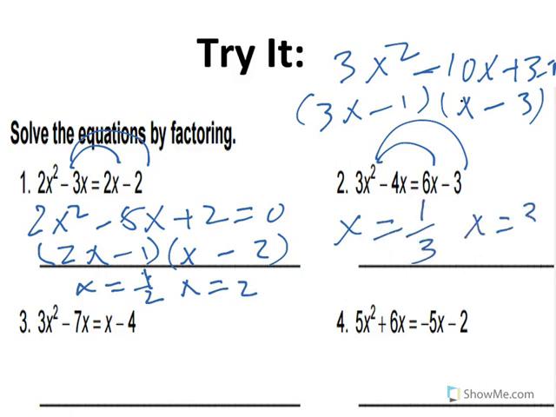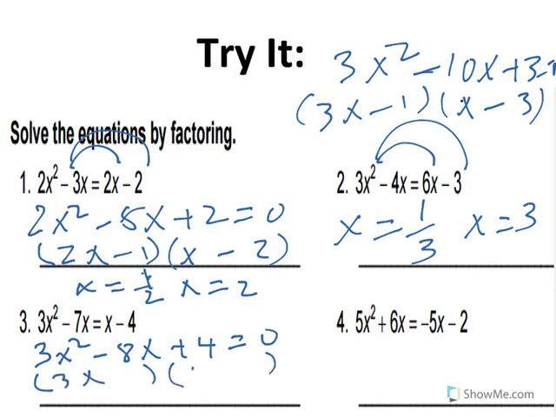x equals 3. The same here, so this gives us 3x squared minus 8x plus 4 equal to 0. So factor: 3x and x. We need a positive 4 and a negative 8.